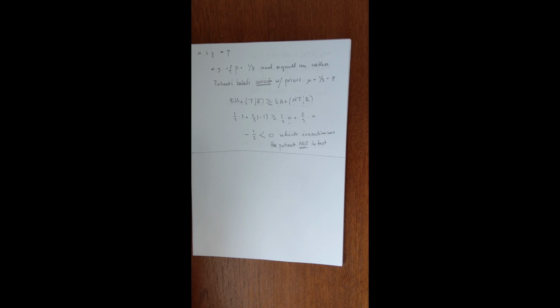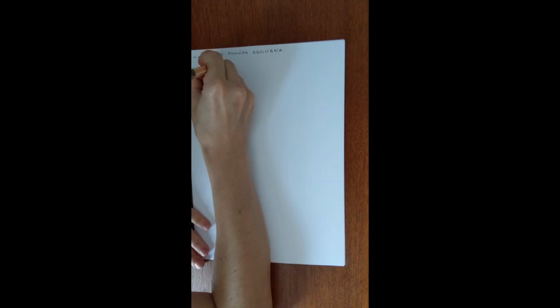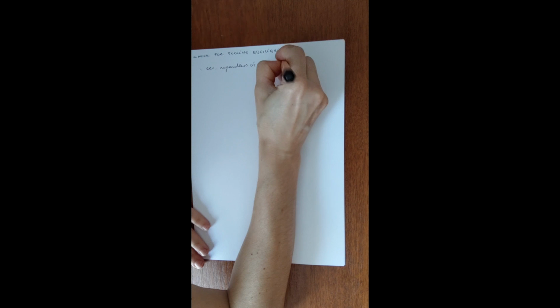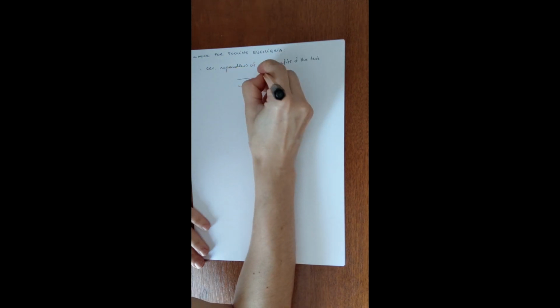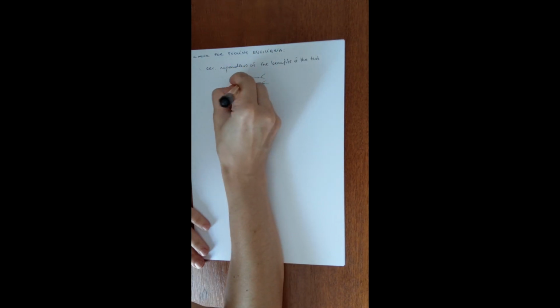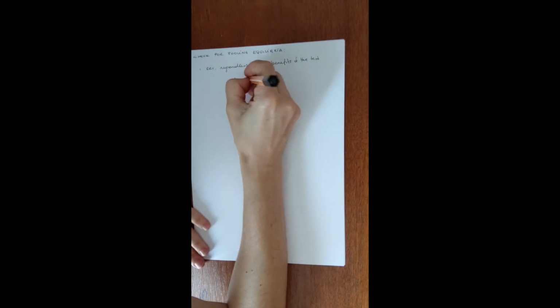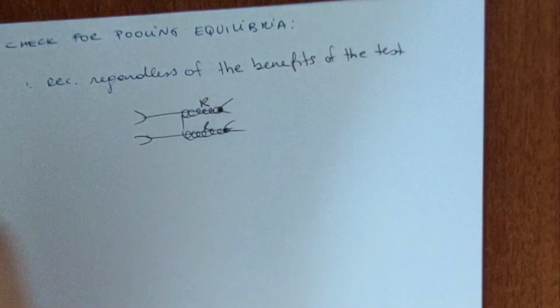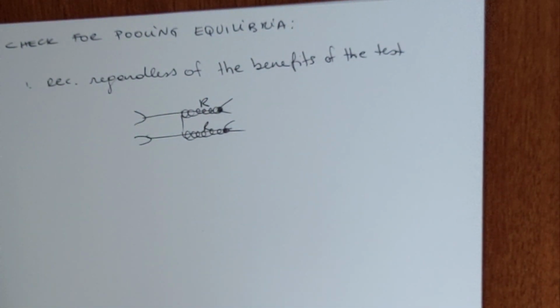I would like to check for pooling equilibria first, since they are easiest. Let's say we have a recommendation regardless of the benefits of the test, which simply means, in my little drawing, we're on the right-hand side of our branches, okay?